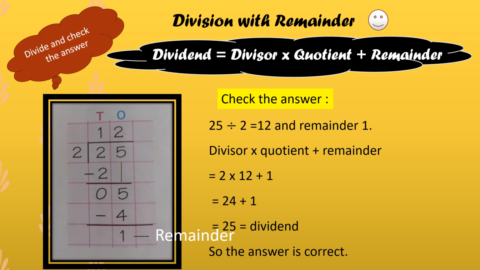So 2 into 12 plus 1. When we multiply 2 with 12, we get the answer 24 and plus 1 remainder we add here. So 24 plus 1 equals 25. Now this 25 is equal to our dividend. See, our dividend is 25. It means our answer is correct. Okay. Now we will take one more example in the next slide to make it more clear. Okay.